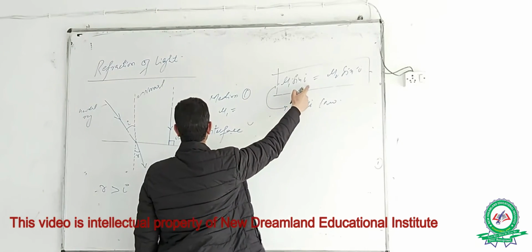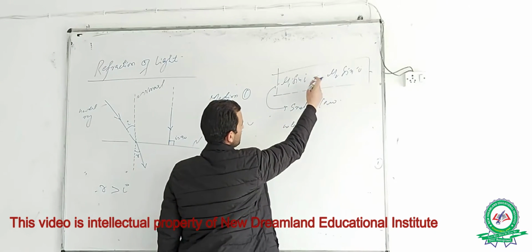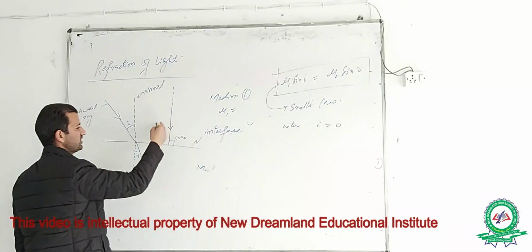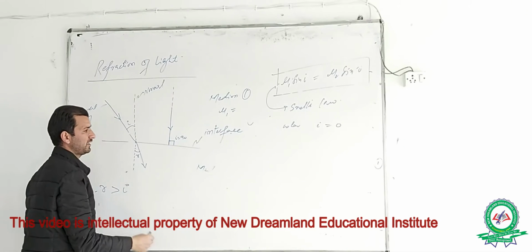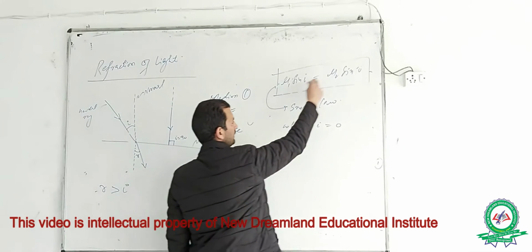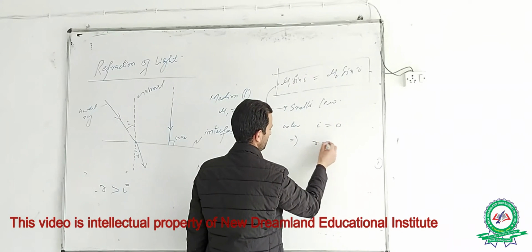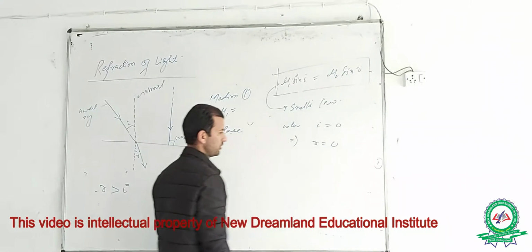Now according to Snell's law, when i is 0, that's this case, the ray is incident normally at the interface and coming along the normal. So if i is 0, then according to Snell's law, r must be 0, because mu1 and mu2 cannot be 0.